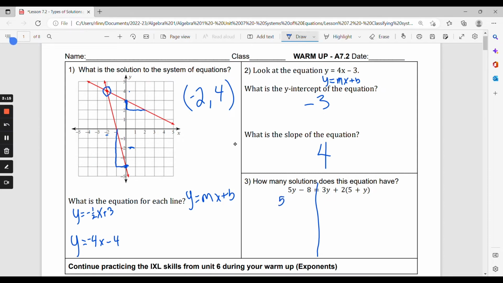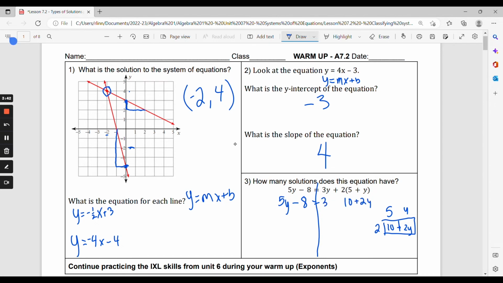So my left side I can't do anything with. I can't combine 5y and -8 because those are not like terms. On the right side, though, I can use my distributive property here because I've got a number multiplied by parentheses. So I have 2 times 5 plus y, which is 10 plus 2y. So I'll put that in place there, 10 plus 2y.